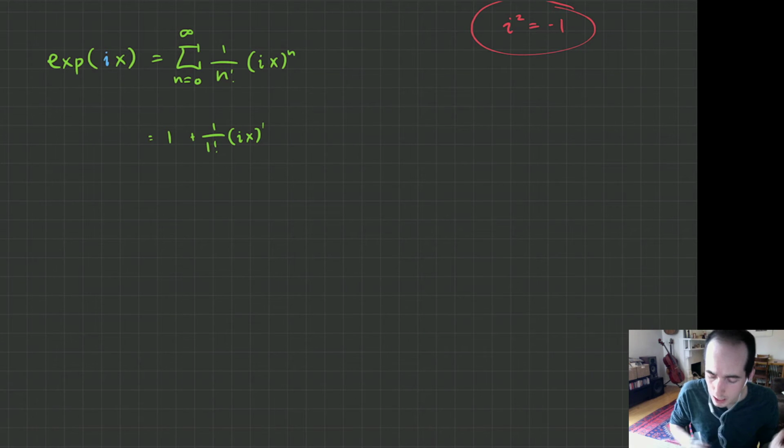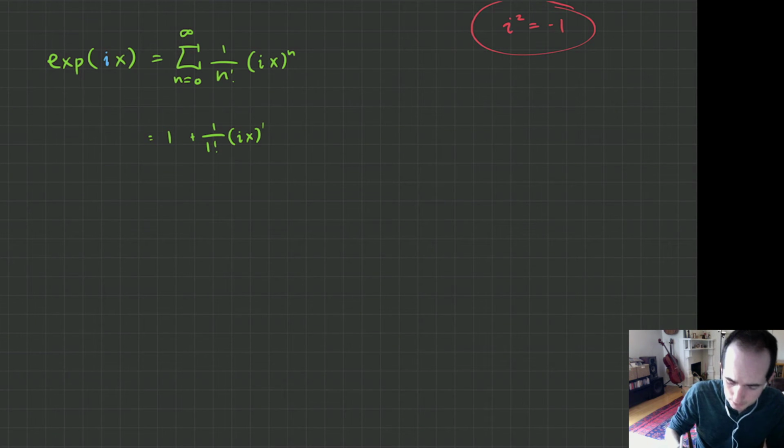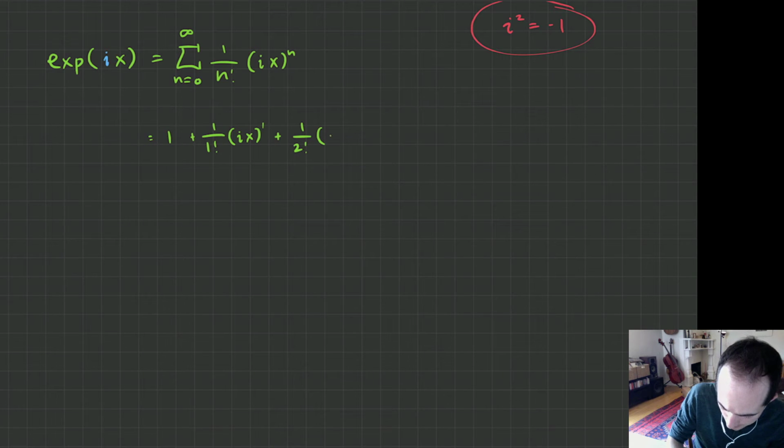So there are no i's to cancel out, i is just there. We may have to tidy this up a little bit, but that's okay. The next term is when n is equal to 2, so I get 1 over 2 factorial times i x squared.